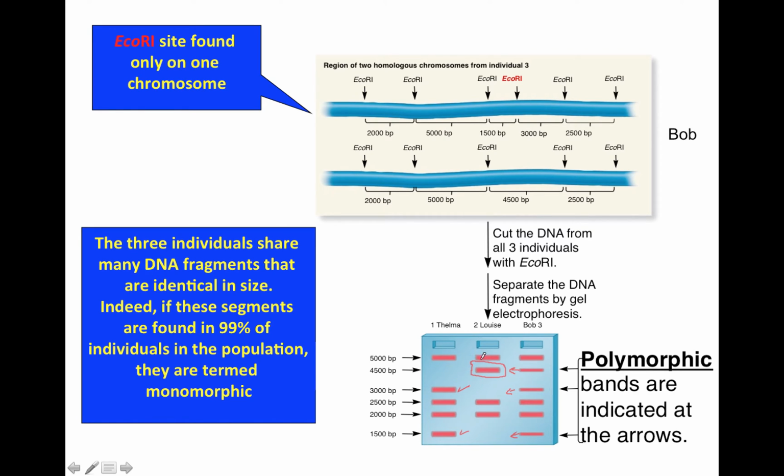Okay. Most of the fragments you notice are the same. Many of the fragments are the same in all three of these individuals. When these fragments are the same, they're called monomorphic. Okay, but we're mostly interested in the polymorphic sites.